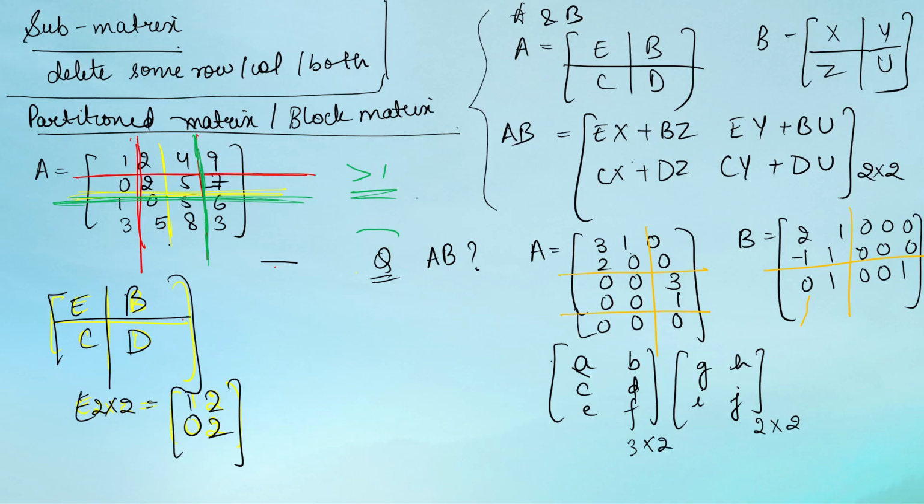That is, you'll obtain a 3 cross 2 matrix as a result. So this will be similar to how we calculated for 2 cross 2 multiplied by 2 cross 2. The difference will be that now this will first be multiplied with this part, plus this 0 0 will be multiplied by 0 1.